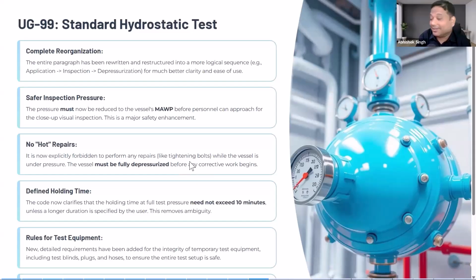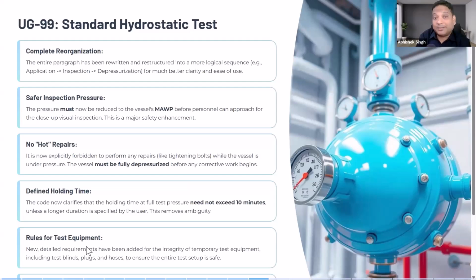Even at MAWP, you should not do it. Completely depressurize and then do those activities. Defining holding time. Most of you already shared that the 10-minute time has now been defined.